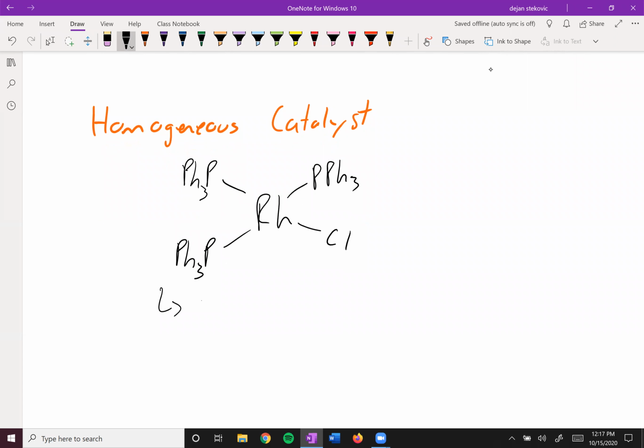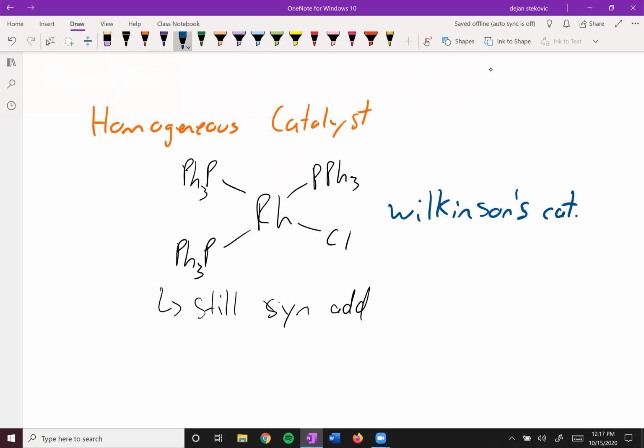But it still undergoes syn addition. And this is known as Wilkinson's catalyst. So if you see hydrogen or H2 and Wilkinson's catalyst, it's just a hydrogenation.